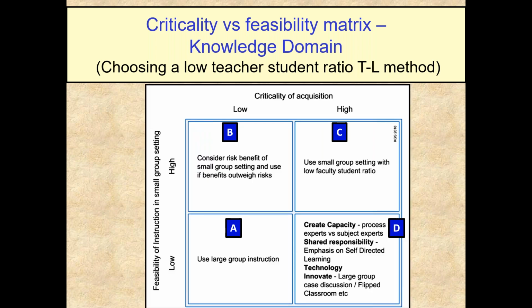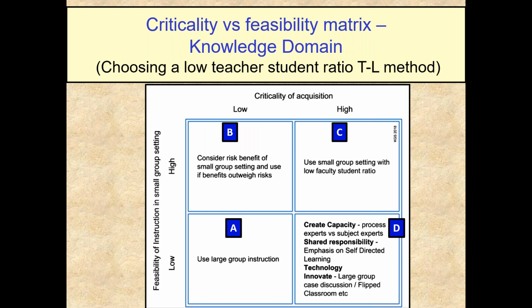Criticality means the competency belongs to a core competency. It is a must, it is very important. Whereas feasibility is whether it is feasible to do that or not. So there are 4 boxes here. I have named them A, B, C, D for descriptive purposes.